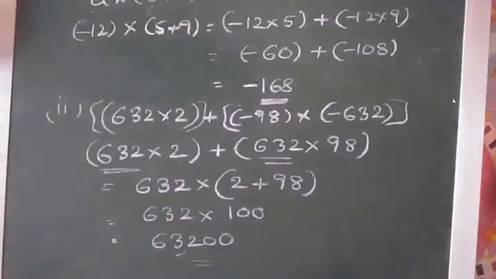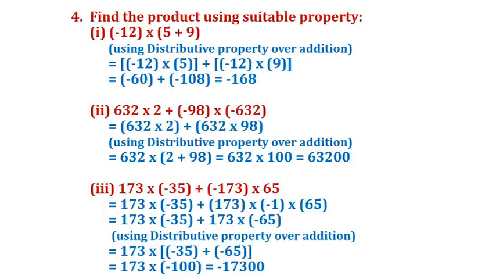So next, 173 into minus 35 plus of minus 173 into 65. How can you write this problem? Observe here, first on the screen: 173 into minus 35 plus 173 into minus 1 into 65.